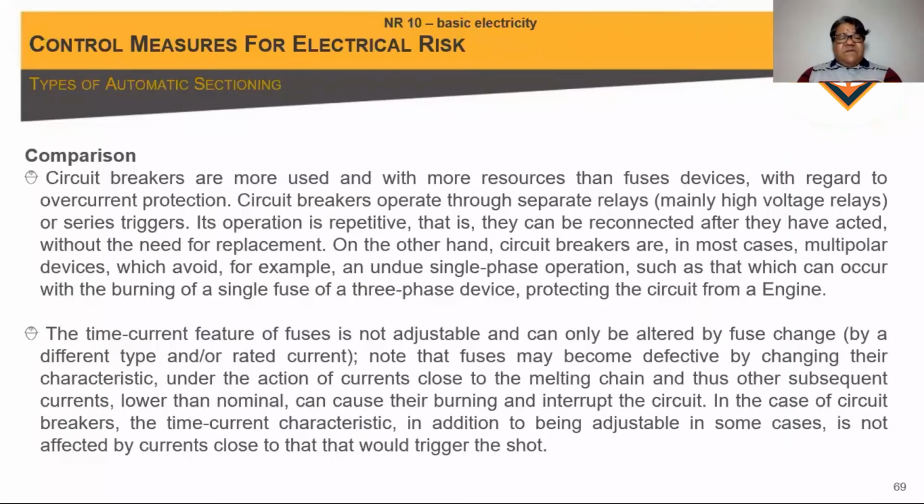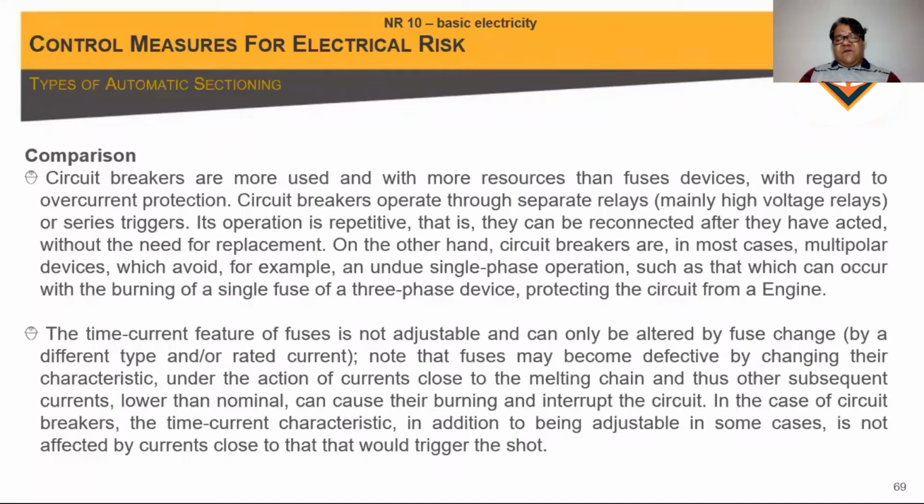The time current feature of fuses is not adjustable and can only be altered by a fuse change, by a different type and rated current. Note that fuses may become defective by changing their characteristics under the action of currents close to the melting current, and thus other subsequent currents lower than the nominal can cause the burning and interrupt the circuit.